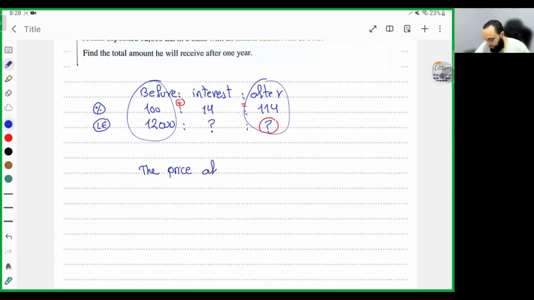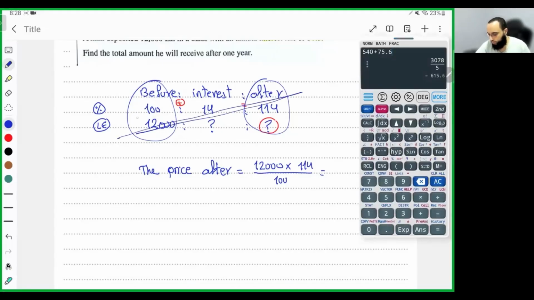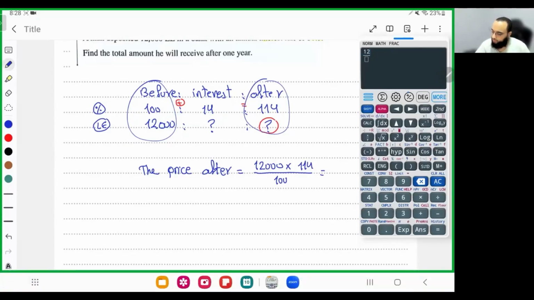The price after equals 12,000 times what? 114 over 100, like the previous session. This over this. So it's 12,000 times 114 over 100.